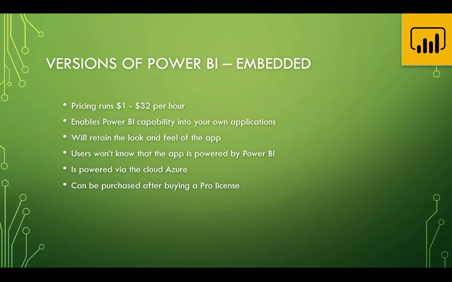They will see only your application, but when they interact with it, you'll put a request into the Azure cloud, and in Azure, the analytics engine of Power BI will calculate whatever needs to be calculated and push it back to your app for that consumer to see. You can buy Power BI Embedded after you have purchased the Pro license. That's the $120 a year.